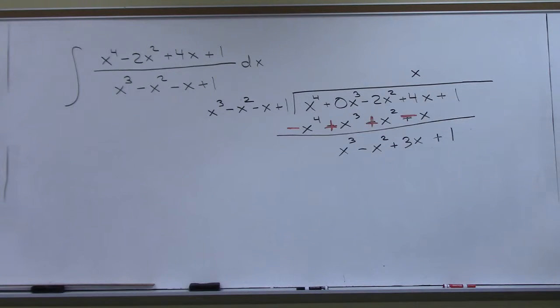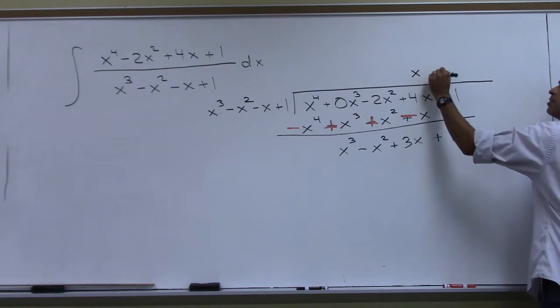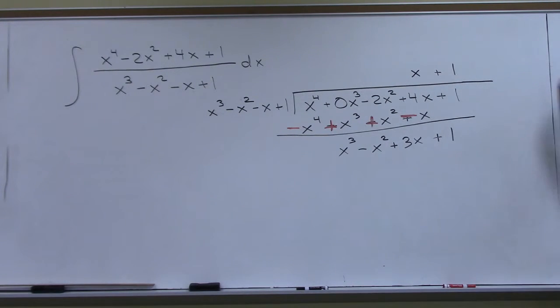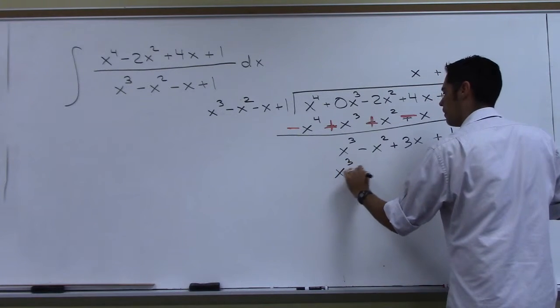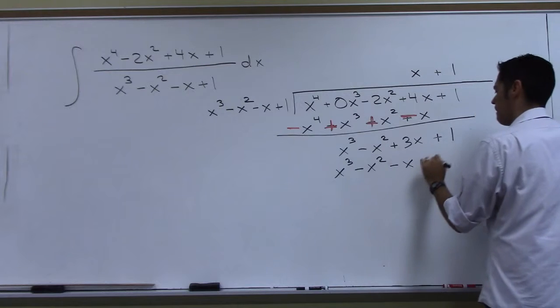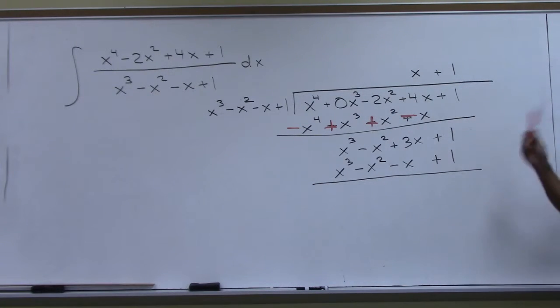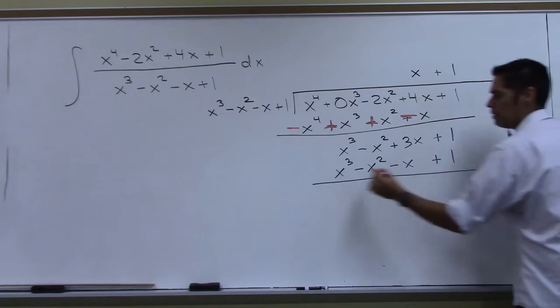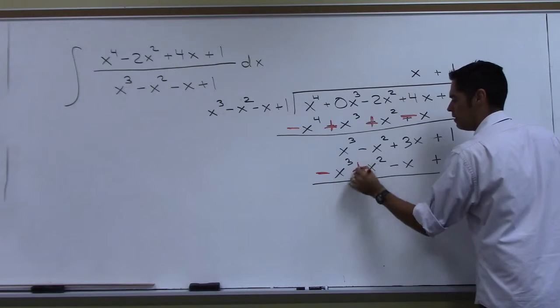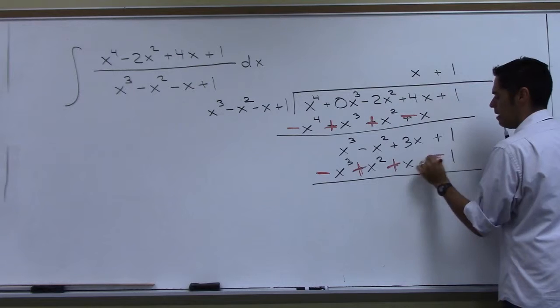Be done? Nope. We get to go one more time. I can multiply it by what? 1. So plus 1 here. Multiply everything over there by 1, and it's just the same thing underneath. But then change signs, don't forget that. Minus, plus, plus, minus.